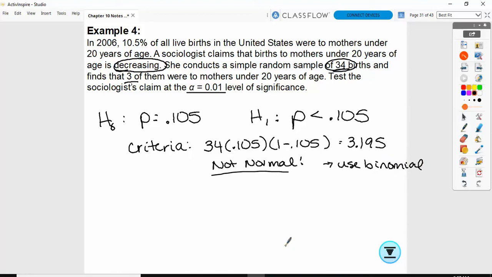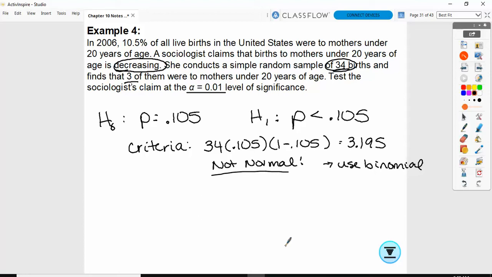We're still just trying to find the probability of this happening. So remember, do you guys have your binomial tables handy? What was the downside to this binomial table? Did it have every possibility on it?